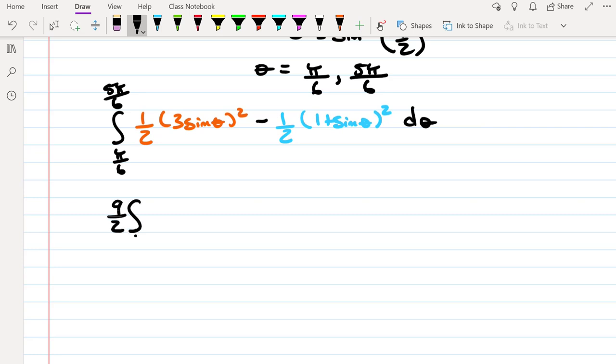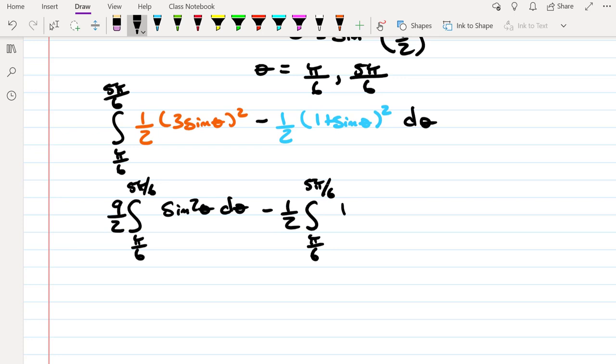So we get 9/2 times the integral from pi over 6 to 5 pi over 6 of sine squared theta d theta minus 1/2 times the integral from pi over 6 to 5 pi over 6 of 1 plus sine theta squared, which will distribute out to get 1 plus 2 sine theta plus sine squared theta d theta. And we now need to evaluate each of these integrals.